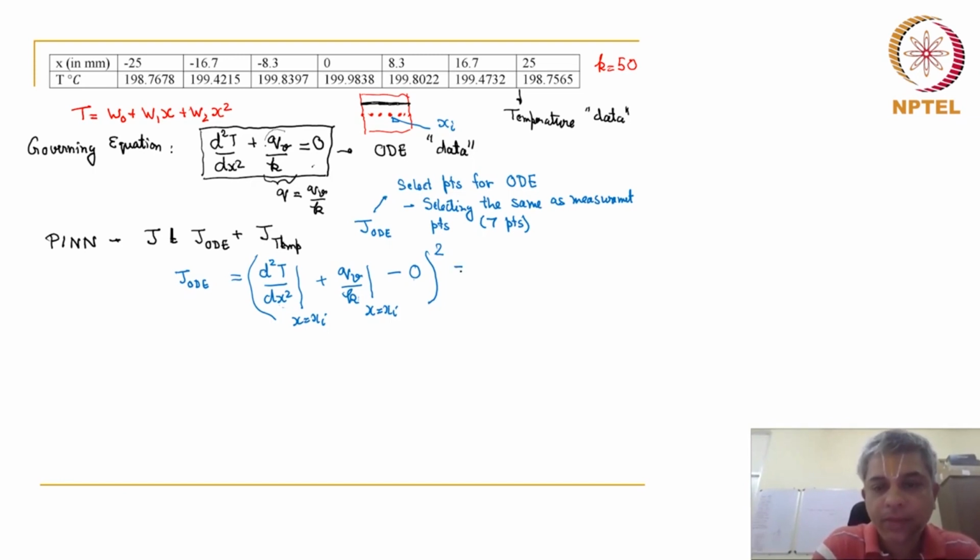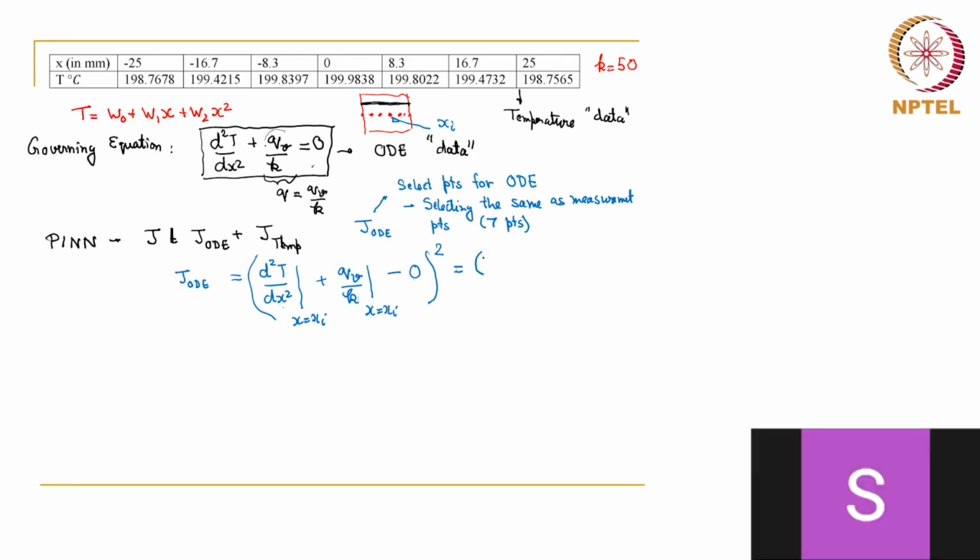Now if we look at it, what is d square T dx square? I have chosen T equal to w0 plus w1 x plus w2 x square. So this will give me, what will it give me here? Twice w2.